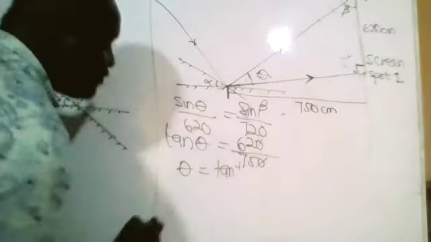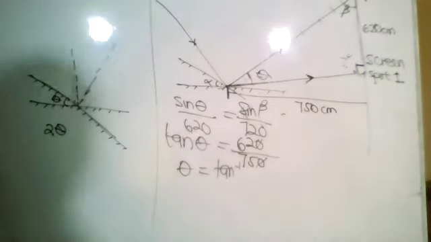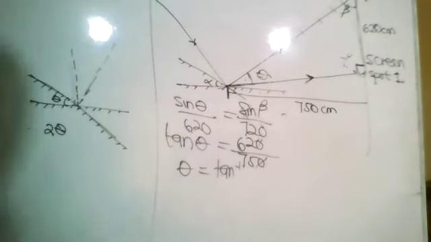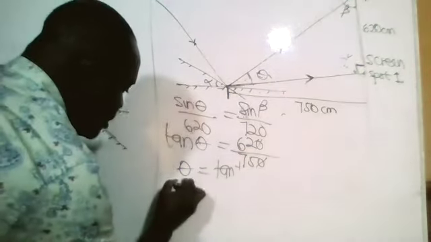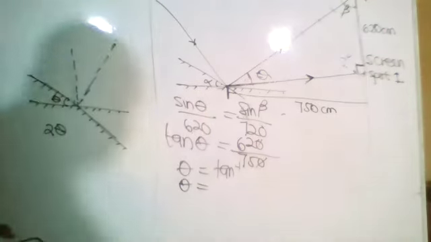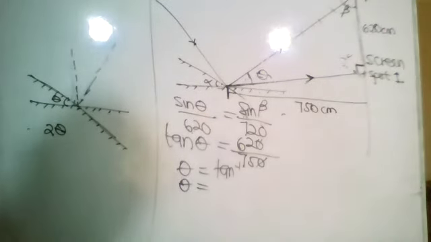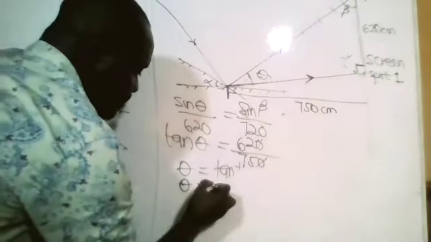So give me the answer to the nearest degree. It's 39 point 5794. Okay, so approximately 40 degrees.